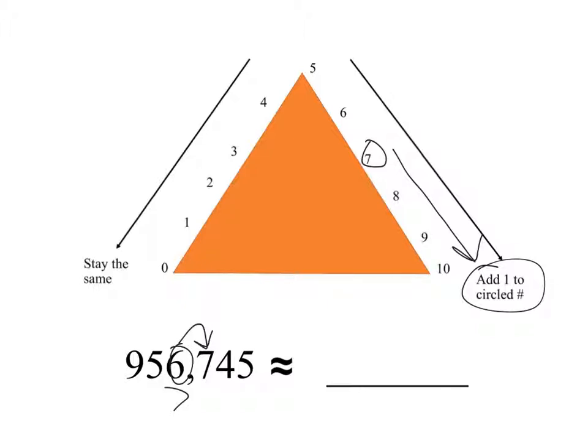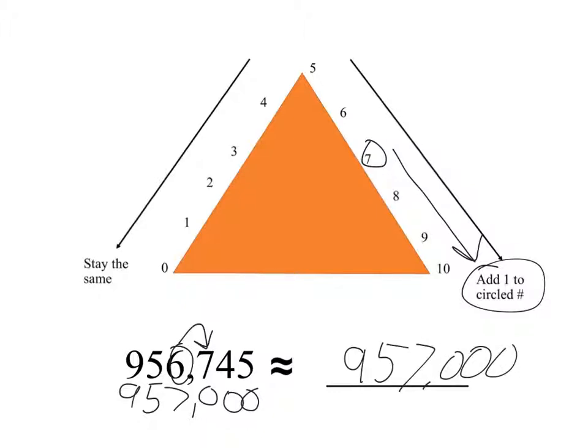So we're seeing that 6,745 is really closer to 7,000. So I put my 7 in there. I change my 0s since we're rounding to the nearest 1,000, and everything before it stays the same. I rewrite it there, and I can say that 956,745 is about, close to, or approximately 957,000.